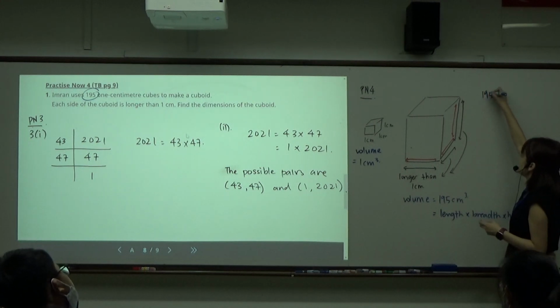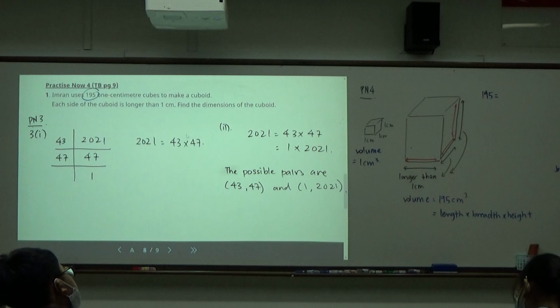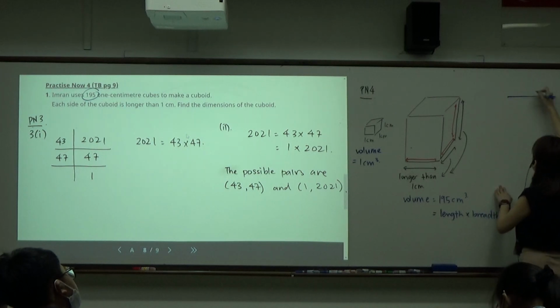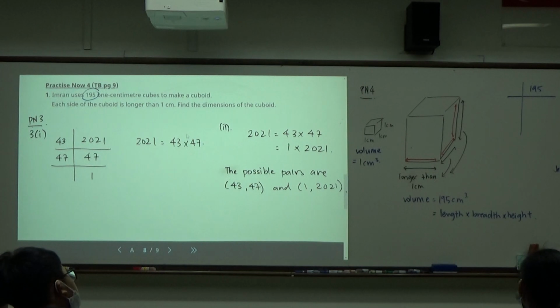195, this number itself, if I break it down into its prime factors, what would I actually get? Let me put my letter over here. 195. What is the first number that I can divide by? Okay, let's do 3 first. Then I will be getting 65.